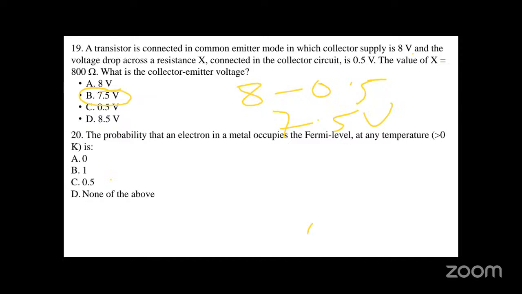The probability that an electron in a metal occupies the Fermi level at any temperature greater than 0 Kelvin is. So this question has to do with energy bands.